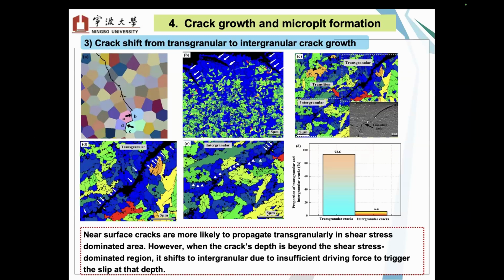We found that about 93% of cracks, as we estimated from statistics, go transgranularly, but as they go to a certain depth, at a transition point, they shift to intergranular growth. So how does this happen?